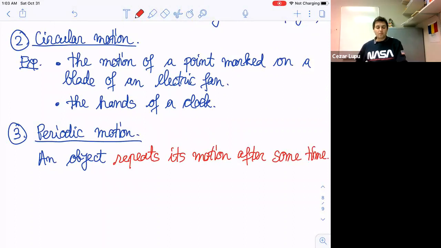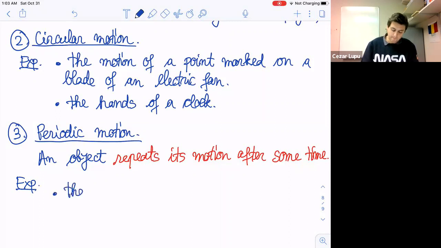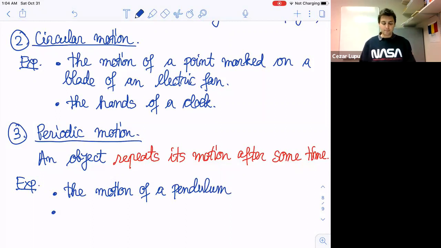Okay. And now the examples that we have in mind are the following. So for example, the motion of a pendulum. Right, what else?